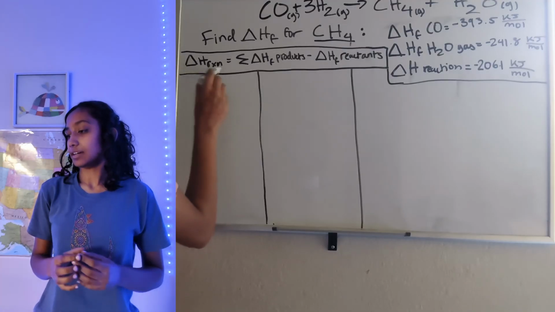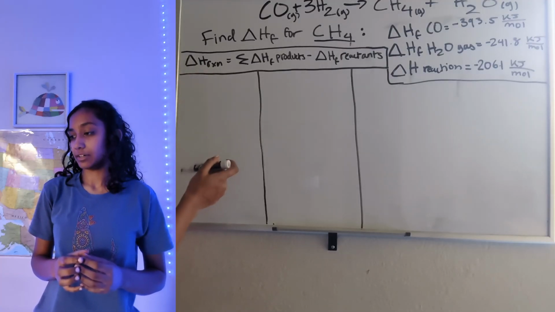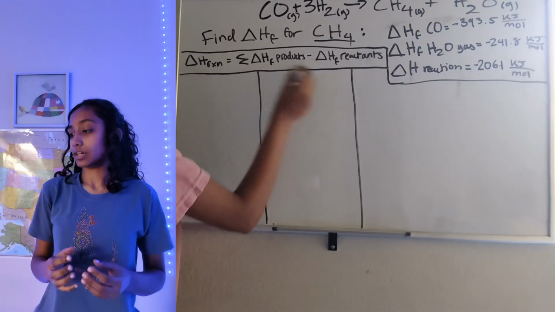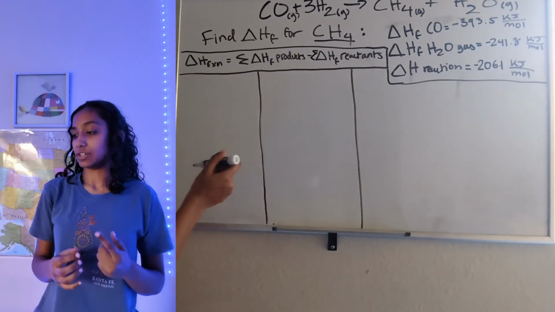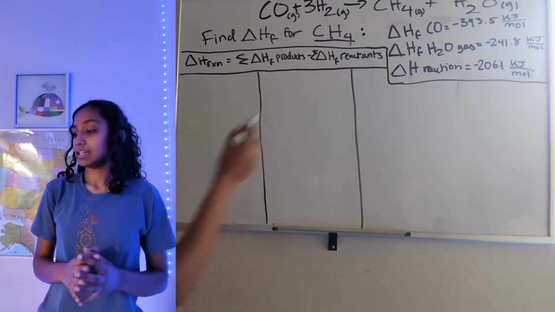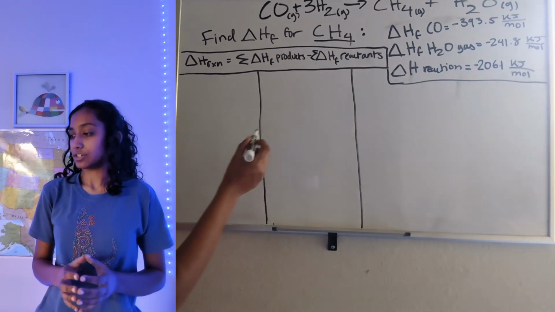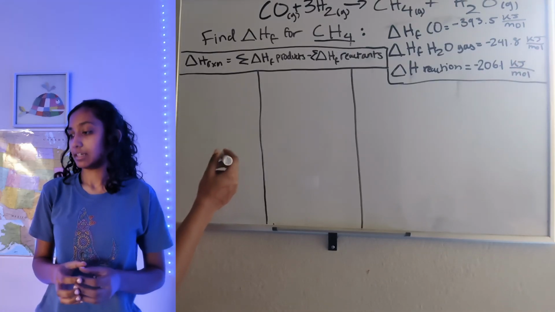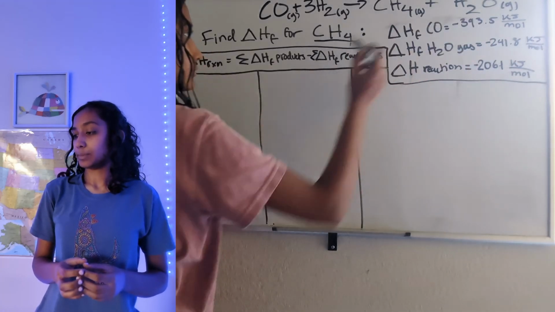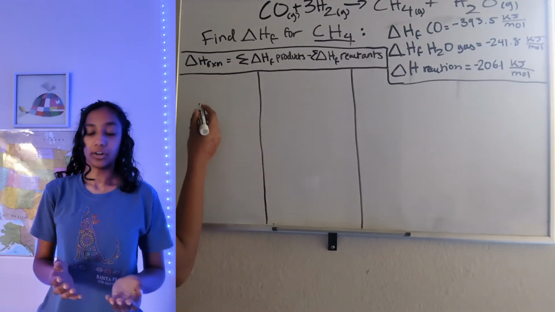So we know that the delta H of the reaction, which is given here, is equal to the delta H of the formation of the products minus the delta H of the formation of the reactants. CH4 is one of the products of the reaction, so we can do some algebra and figure out its heat of formation. First, let's find the heat of formation of the products, starting with water.